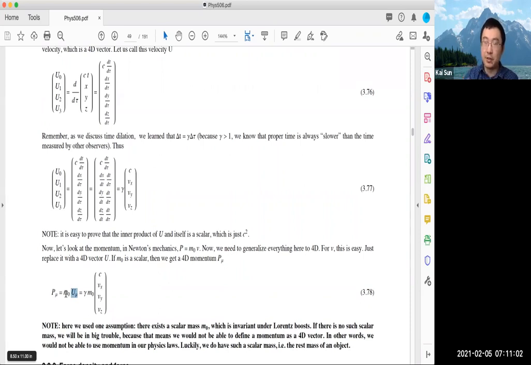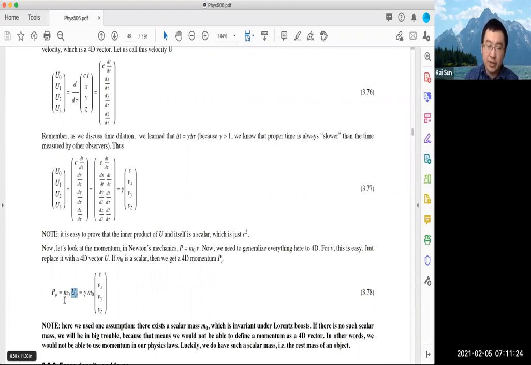A scalar multiplied by a vector is a vector. So we need to multiply this 4D velocity with a scalar to get the 4D momentum vector. And this scalar should be very close to mass, because at low velocity we want to recover Newton. Newton tells us it's mass, so this must be something closely related to mass, but it needs to be a 4D scalar.